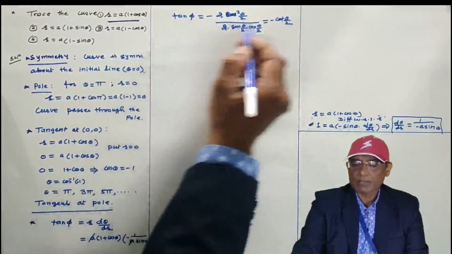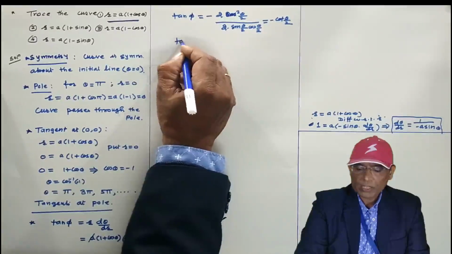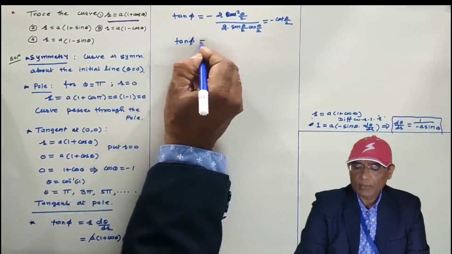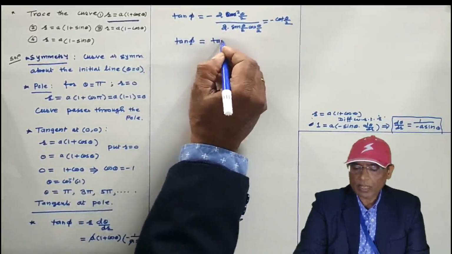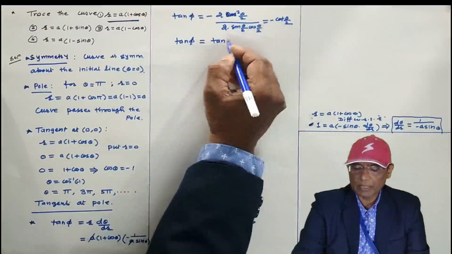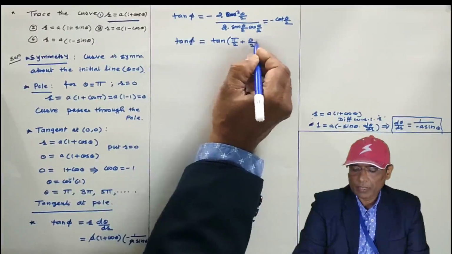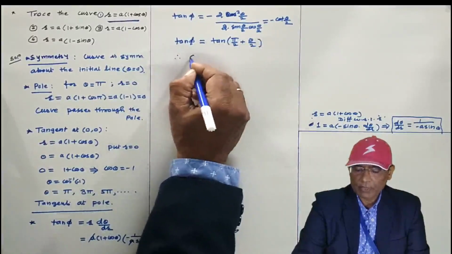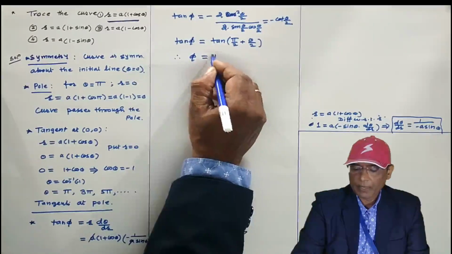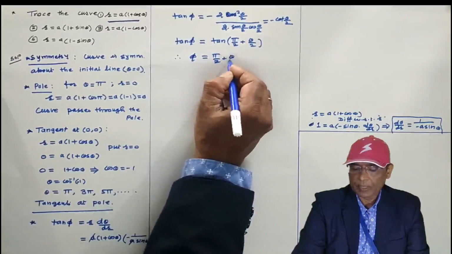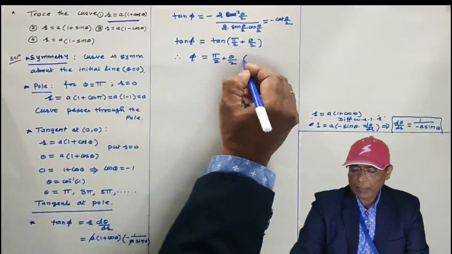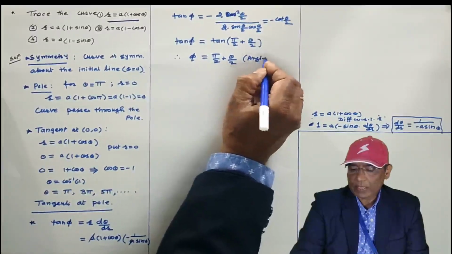Now tan phi is equal to minus cot, and minus cot x can be written as tan of (pi by 2 + x). Therefore, phi = pi by 2 + theta by 2. This is the angle between the radius vector and tangent.